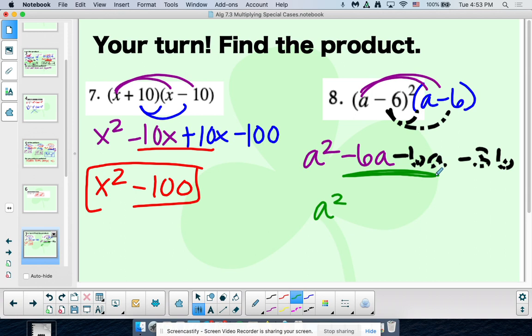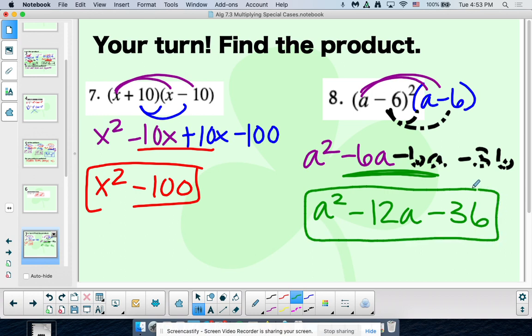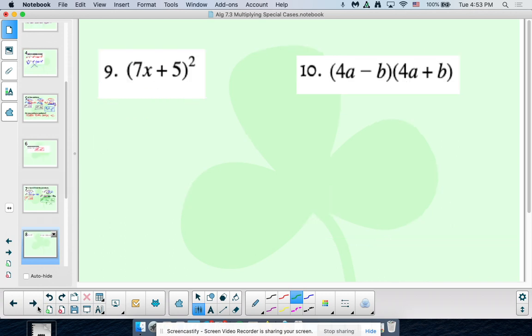Negative 6a and negative 6a is negative 12a, minus 36. So here, did you get this right? Did you end up with this, or did you use a shortcut wrong? If you use the shortcut wrong, don't do the shortcut. Just FOIL it out.